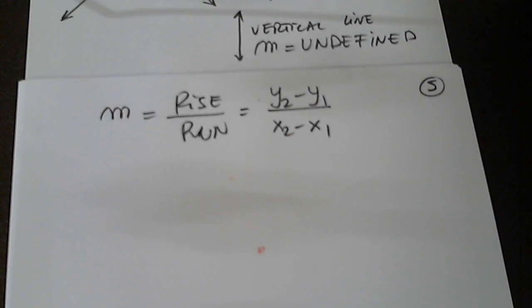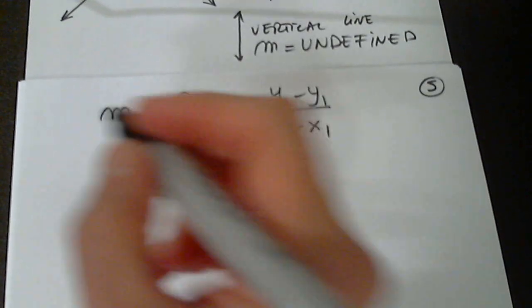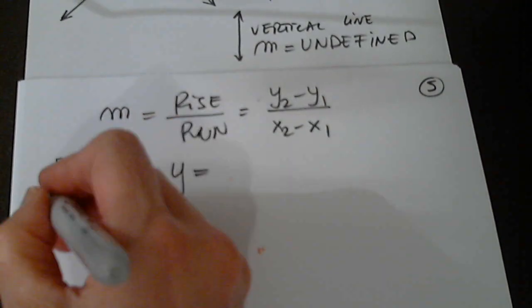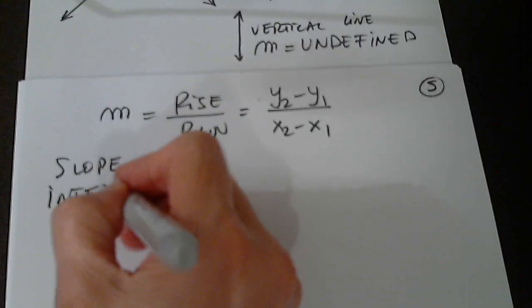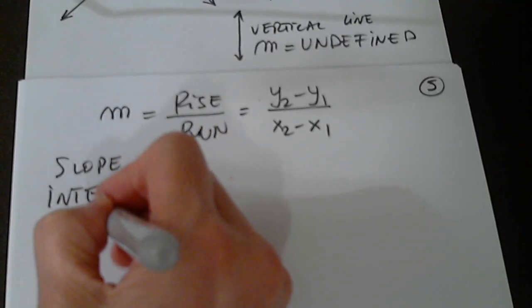Anyone remembers the equations of the line? There are two equations. Does anyone remember them? Slope intercept form? Yes. Slope intercept form.